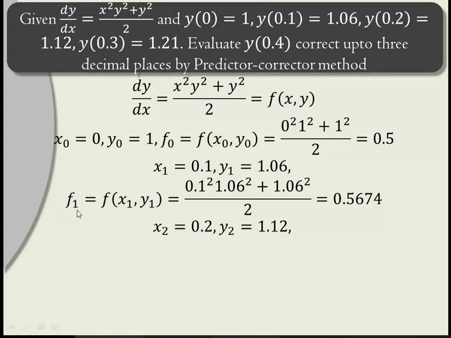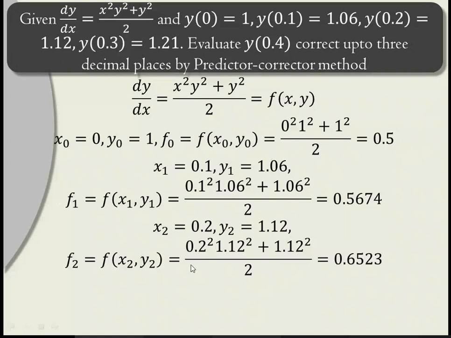Next term is x2, y2. x2 is 0.2, y2 is 1.12. Put this into the function, and that gives us f2. So f2 will be f of x2, y2, that is 0.2 square into 1.12 square plus 1.12 square divided by 2. That comes out to be 0.6523.